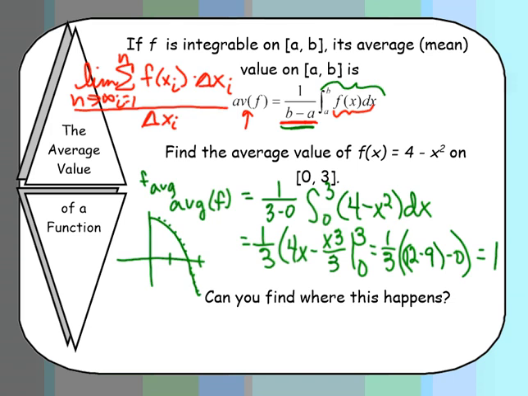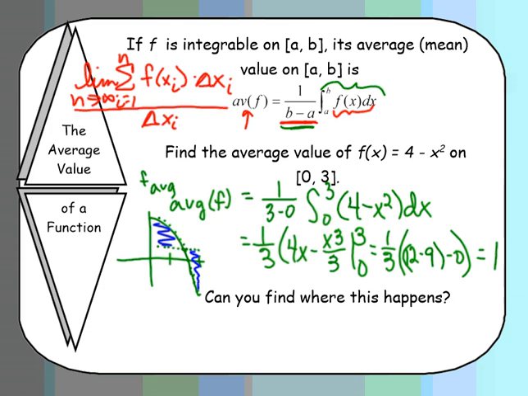My average y value is at 1. Okay? Right there. That means this area right here, this area right here, then I've got those equal parts there. That's going to be my average y value out of that. I'm going to show you a little bit more about what that means here in just a minute.